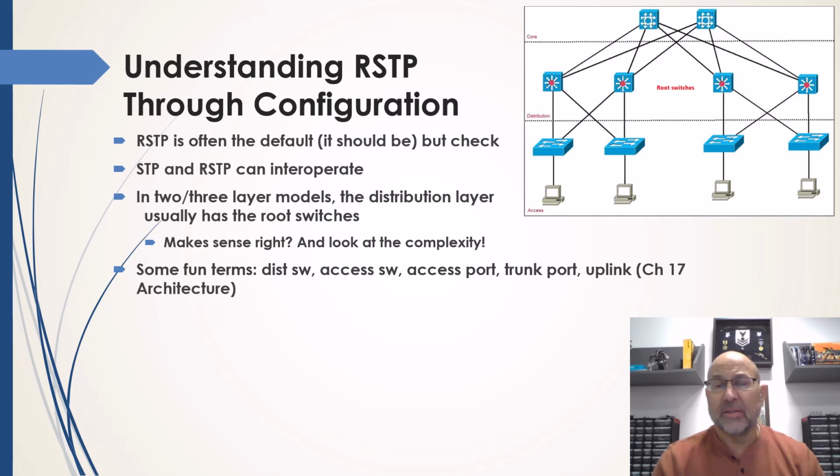And then the trunk lines could also be uplinks. Now you'll see terms like that in this chapter, but especially when we get to chapter 17 on architecture. So that'll be a place where we really put all this stuff together. But for right now, we really want to understand the operation of spanning tree and rapid spanning tree.